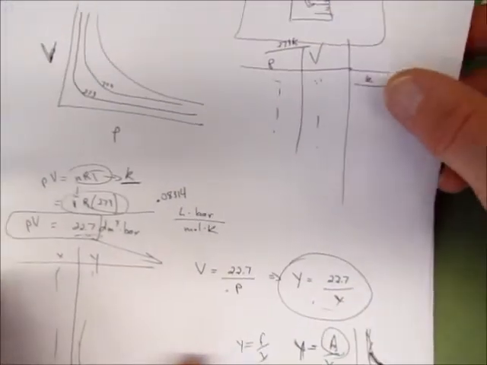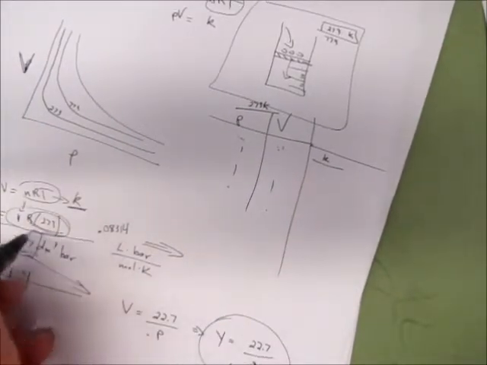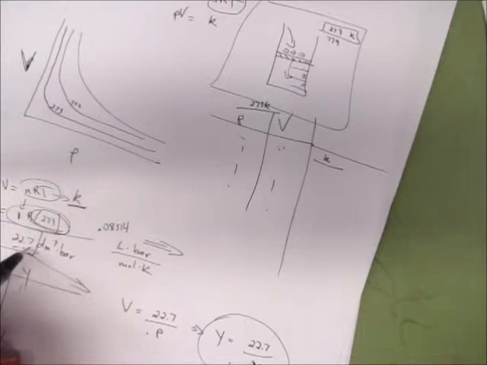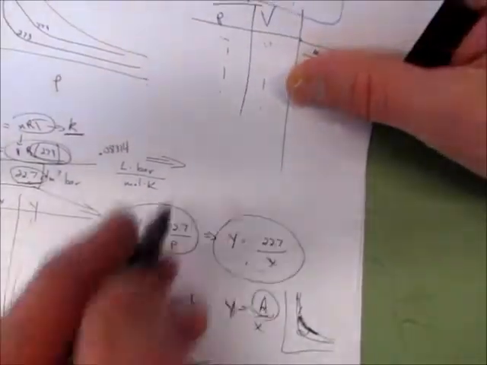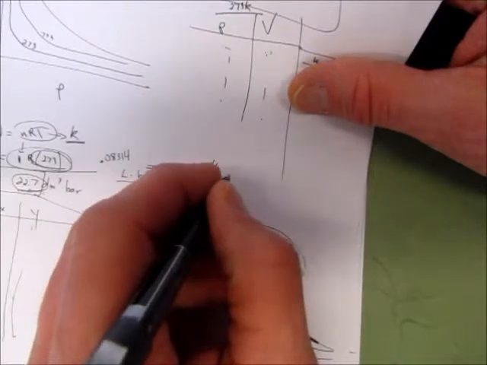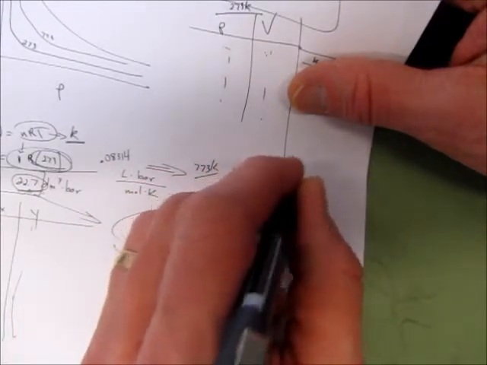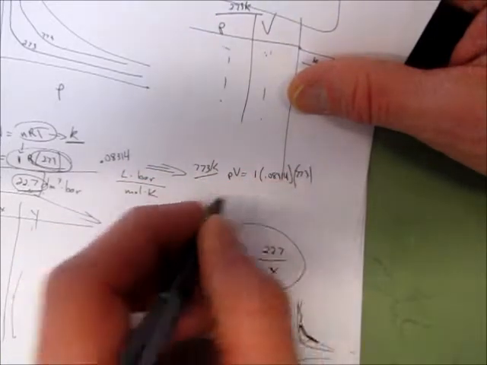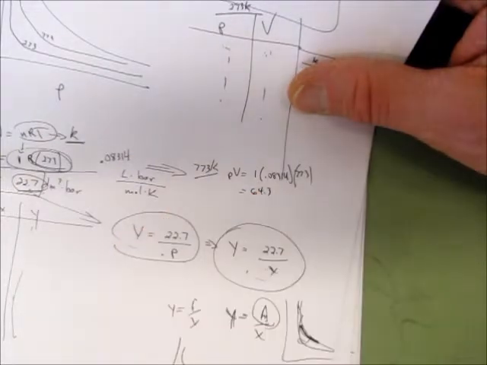So to move on ahead, think of what you're going to do here. For your first graph at 273, this is your constant, and you're graphing this. This is your Y, and that's your X. But let's say you want to move on to the next one, 773 Kelvin. Well, PV equals 1 times 0.08314 times the new temperature, 773. And the number that comes out, imagine that, is 64.3.